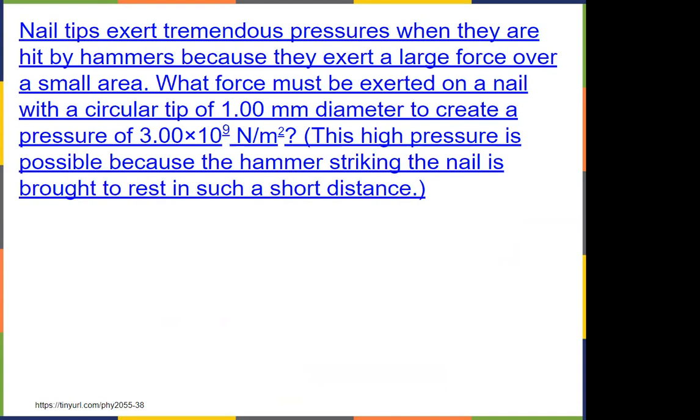What force must be exerted on a nail with a circular tip of 1.00 millimeter diameter to create a pressure of 3.00 times 10 to the 9th newtons per meter square? This high pressure is possible because the hammer striking the nail is brought to rest in such a short distance.